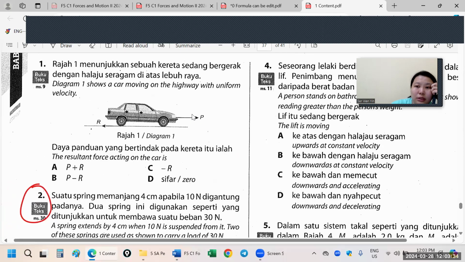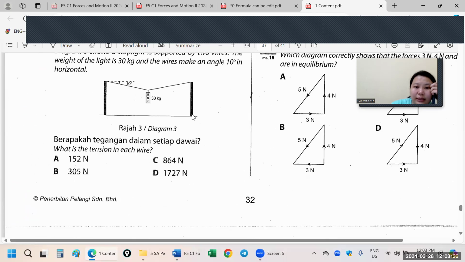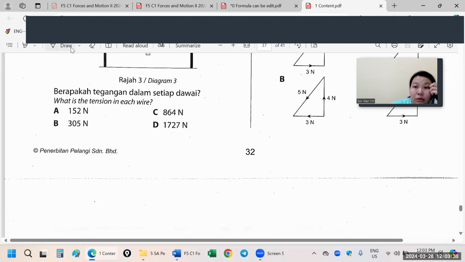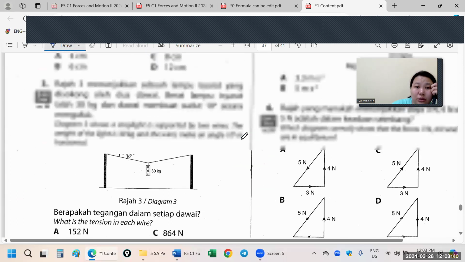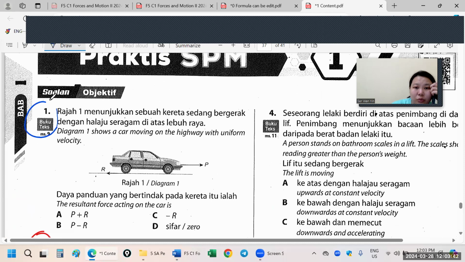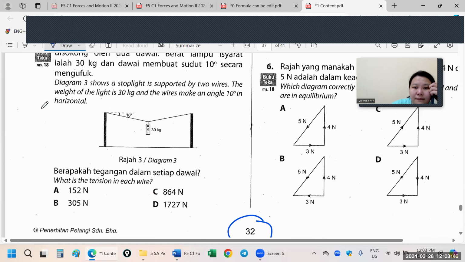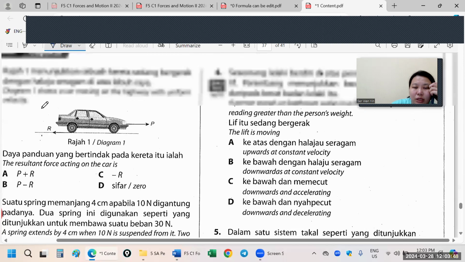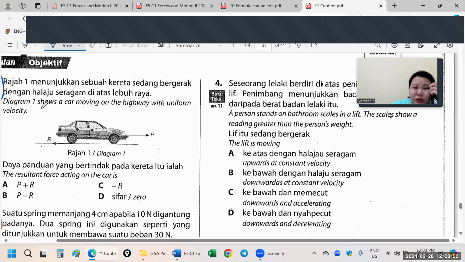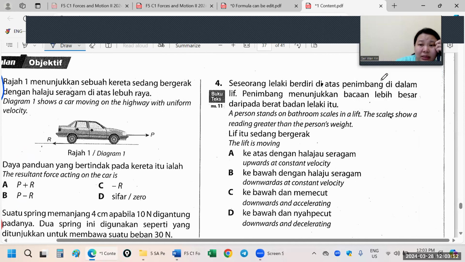So actually, you can try to do your module page 32, number 1. The lift, actually this force has many parts.